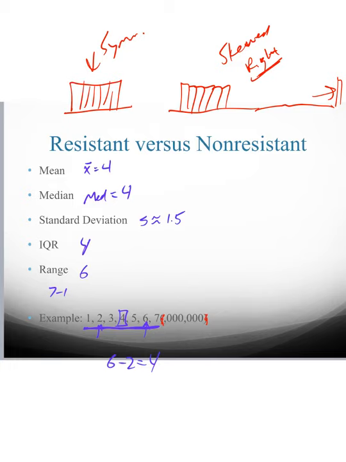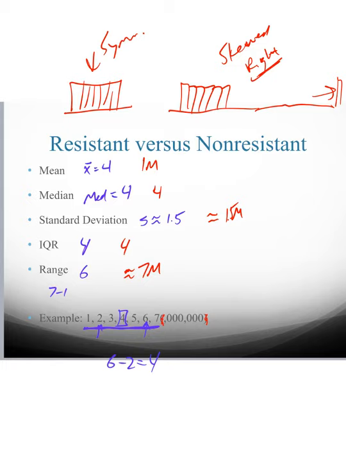But when we look at this here, now the new mean is about 1 million. The median is still 4. The standard deviation is about, excuse me, 1.5 million. The IQR is 4. The range is almost 7 million.